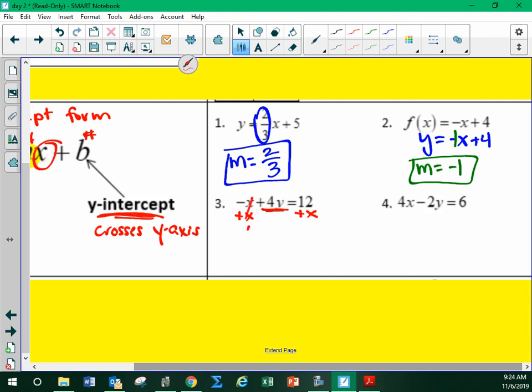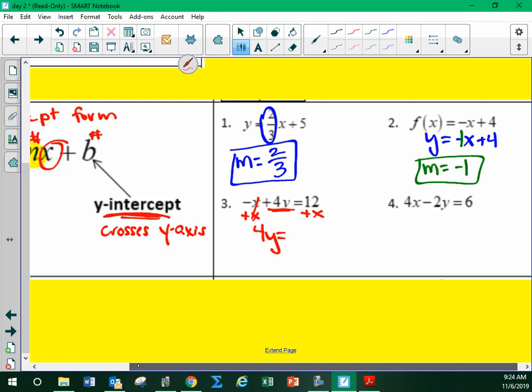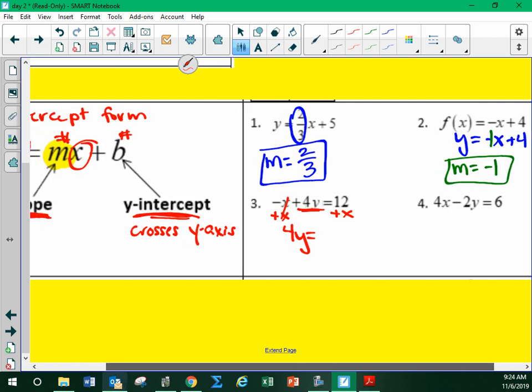So I have 4y, and it's a positive 4, so I'm going to leave it positive. Now, when we learned this, I told you we always like to have the x first, and this is why, because it's in this format. So we're going to keep writing x first. So x is positive, so I keep that positive, and 12 is positive, so I keep that positive. Now y still isn't quite alone.